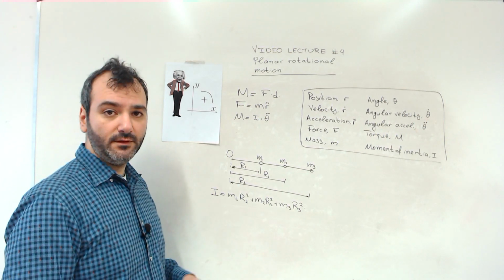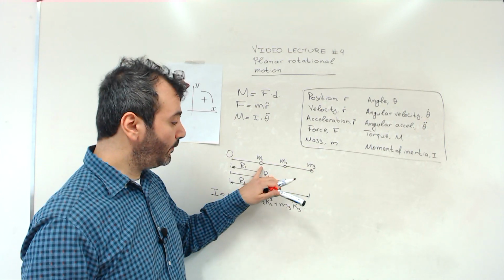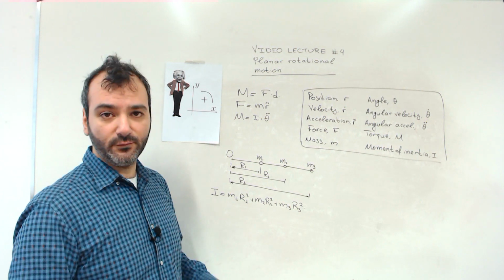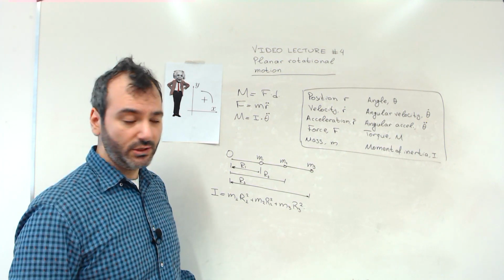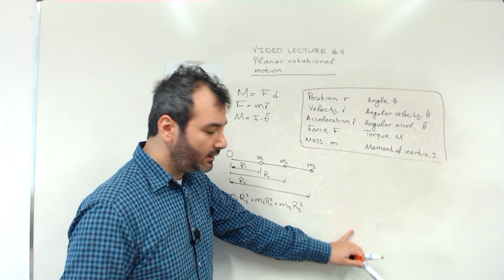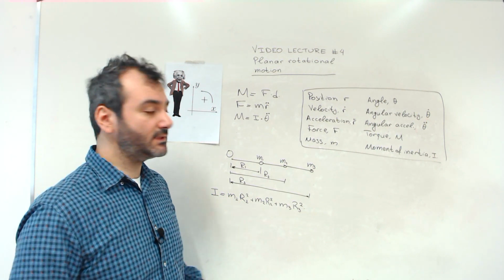If you have different objects which are not a collection of point masses, point particles, then there are different ways in which we can compute the moment of inertia. There is a systematic way to compute it, but I will just give you a few examples here that are commonly used in practice and in exercises.